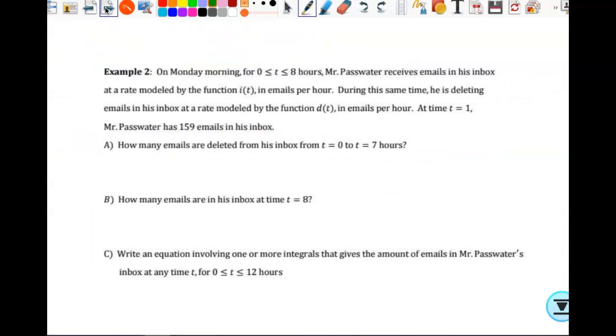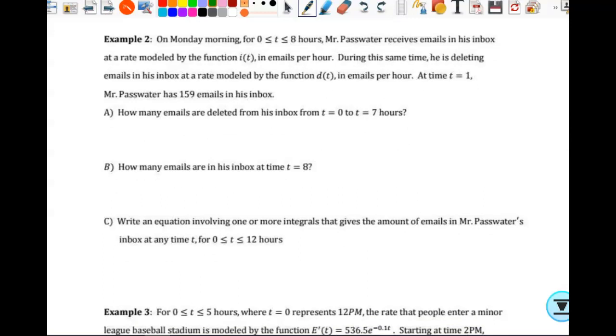So let's read this next one. On Monday morning, from 0 to 8 hours, Mr. Passwater receives emails in his inbox at a rate of I of t emails per hour. So I of t is your rate in.